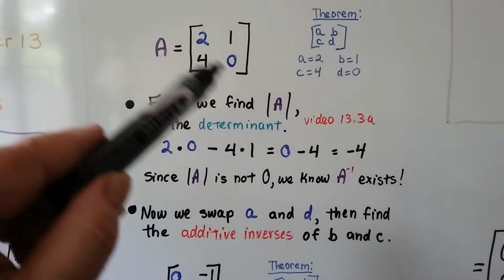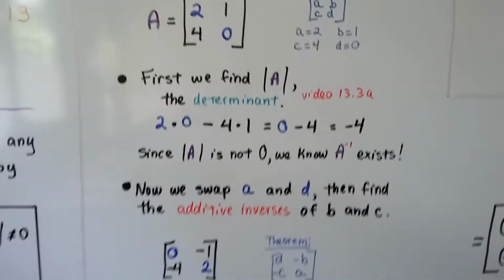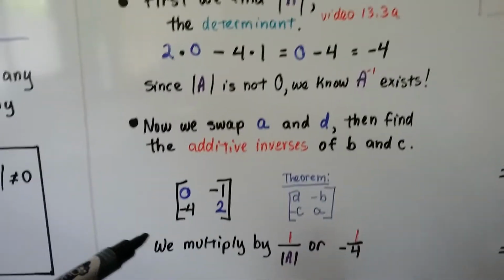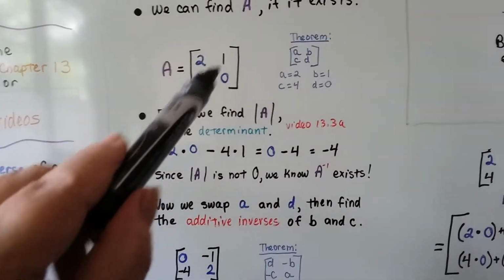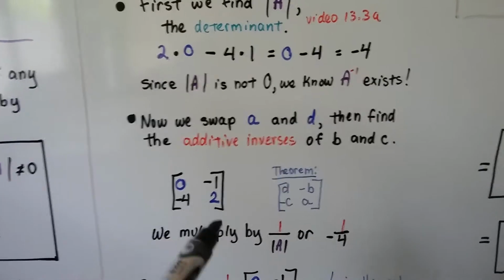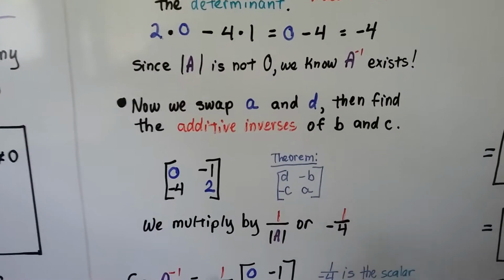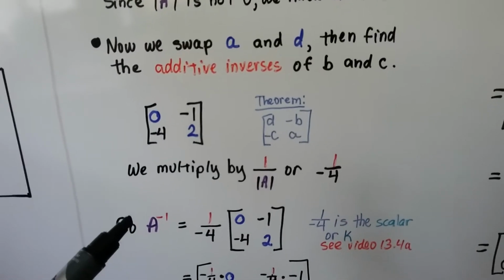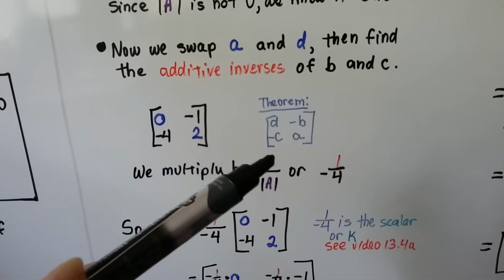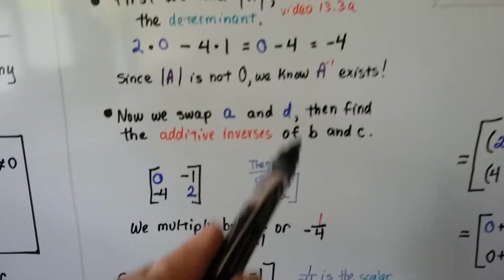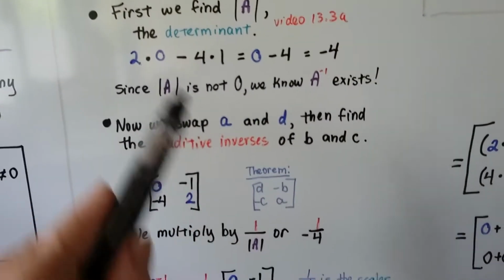Now we swap the A and the D values, the 2 and the 0. We find the additive inverses of the B and the C. So if you see, B is a 1 and C is a 4. So we're going to swap the 0 and the 2, and then that 1 is going to become a -1, and that 4 is going to become a -4, according to the theorem. And then we multiply by 1 over the determinant, which is 1 over that -4 that we found when we did the determinant.